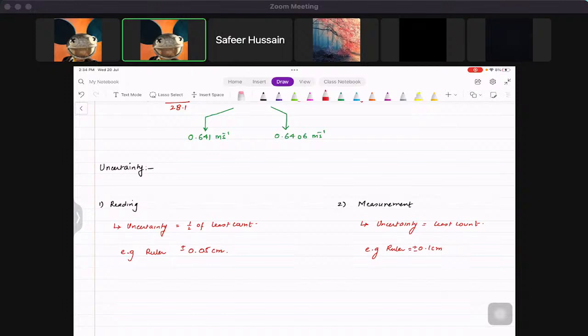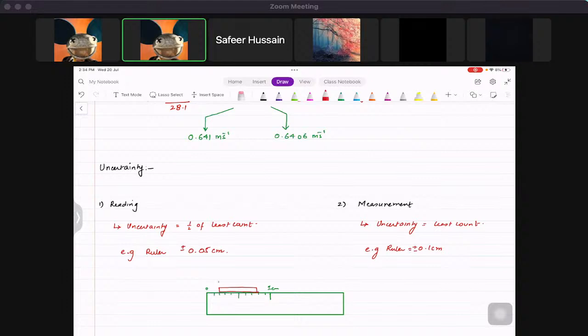Why is it that the reading is half least count, and why is it that the measurement is the full least count, right? Because you see, when you look at an instrument like a ruler, 0, 1, 2, 3, 4, 5, 7, 8, 9, 10. Now check this out. Suppose you're measuring something like this, right?